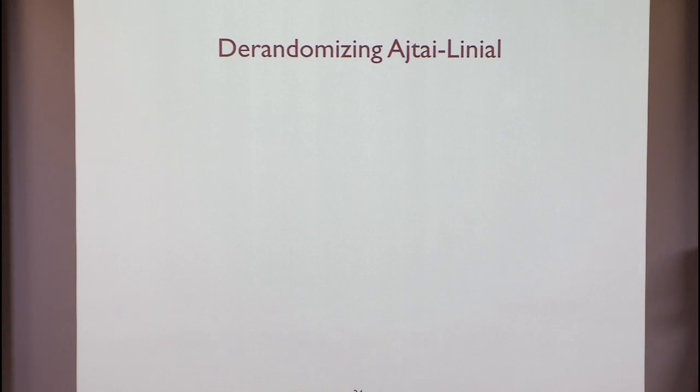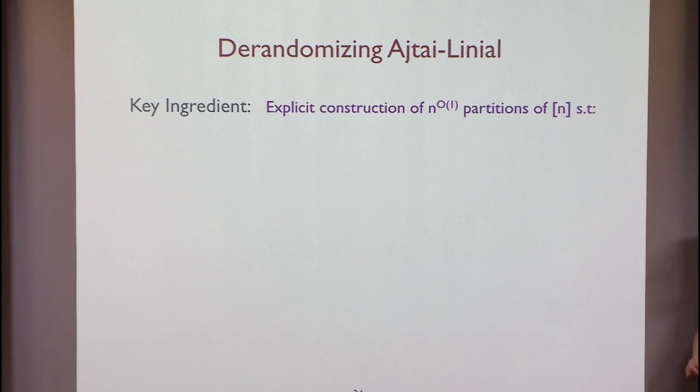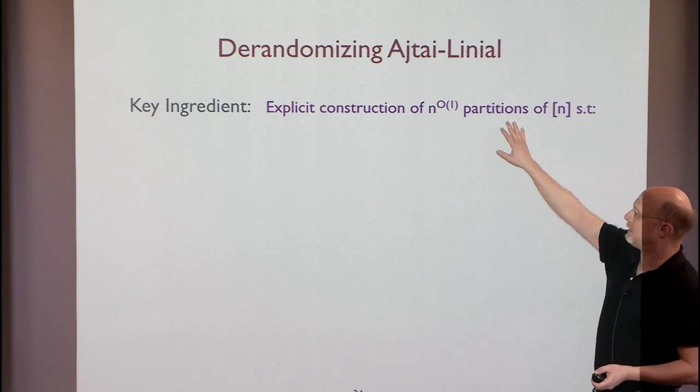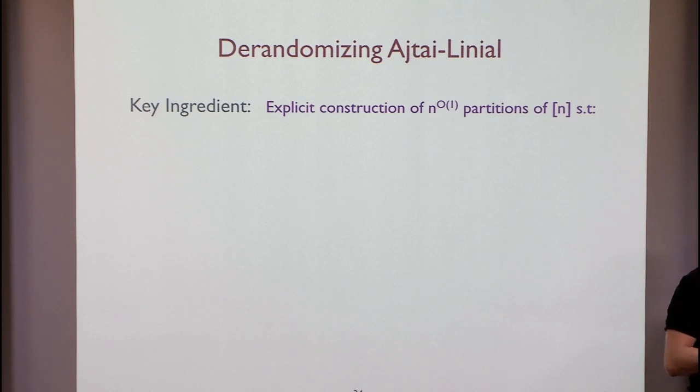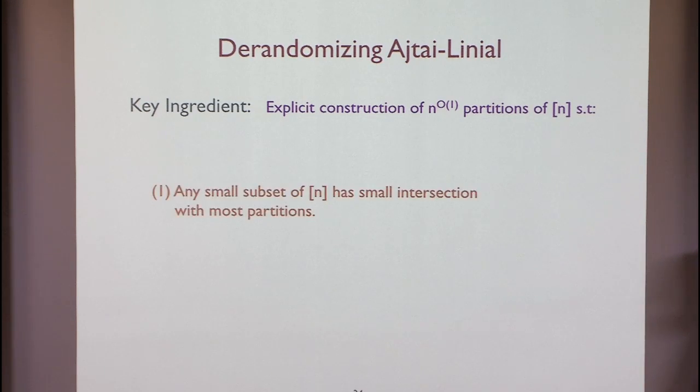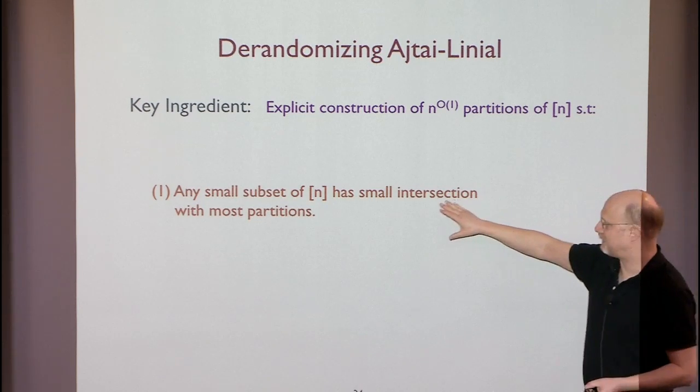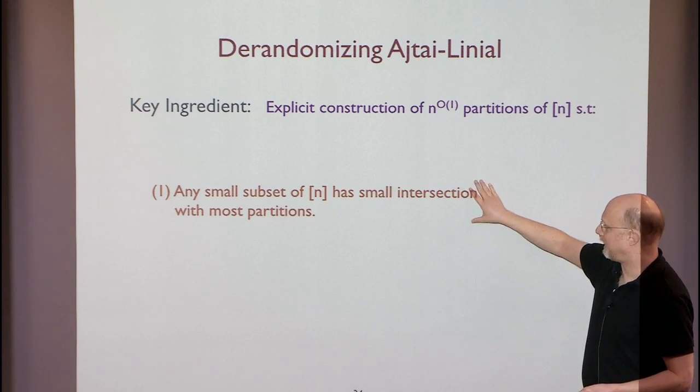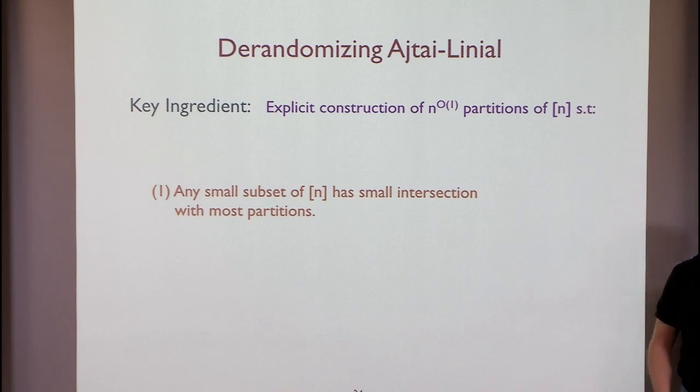So how are we going to de-randomize this? The key ingredient will be to construct these partitions in a pseudo-random way. And we're going to use more partitions, actually. Not just n, we'll use a polynomial number. We're going to want the following property: that any small subset of 1 through n has a small intersection with most partitions.